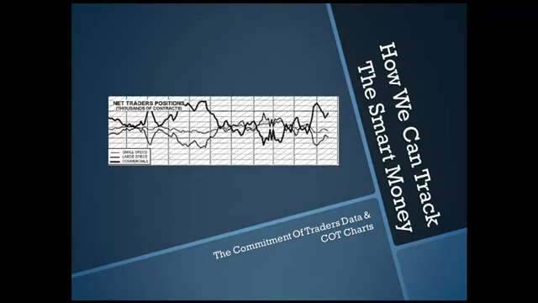And by tracking this information on a cumulative line basis, like you see here in our depiction, this is a net traders position chart. On this example, the heavy, solid, thick black line represents the commercial traders. The very thin black line is the small specs or retail traders like ourselves.